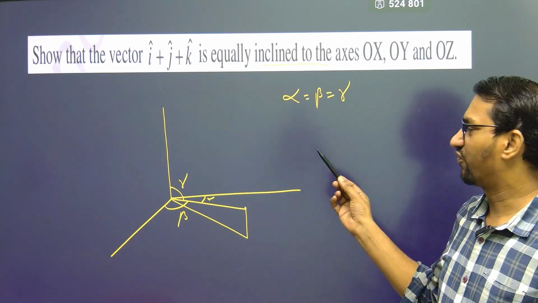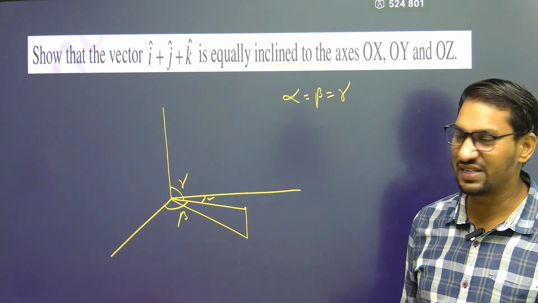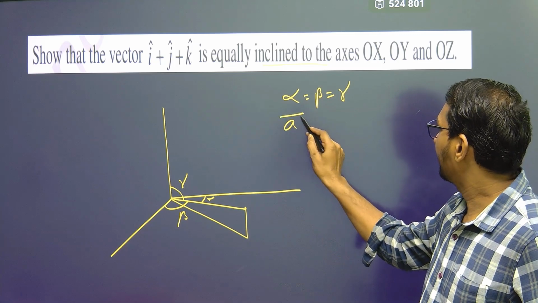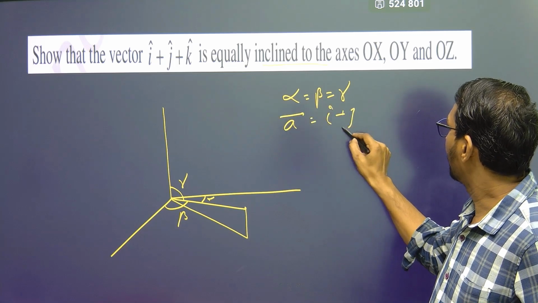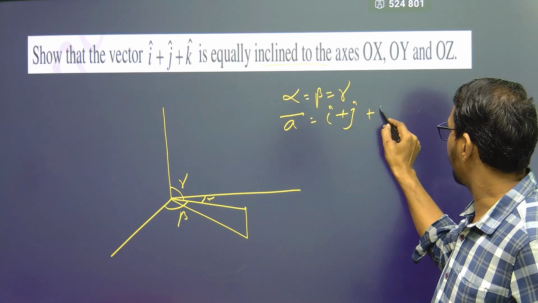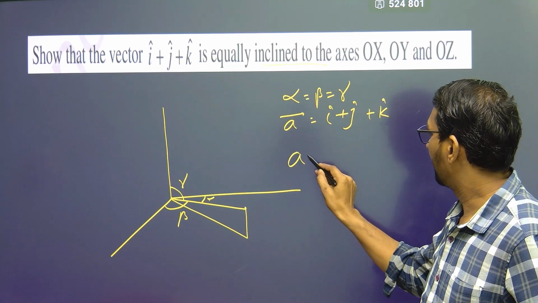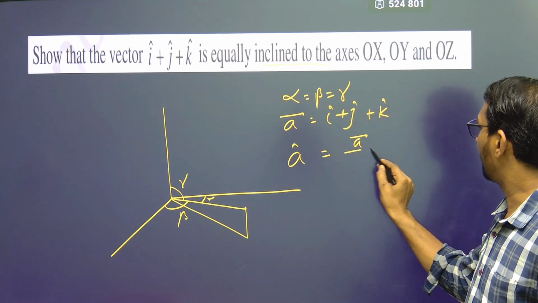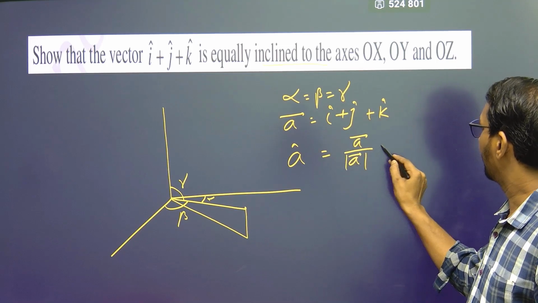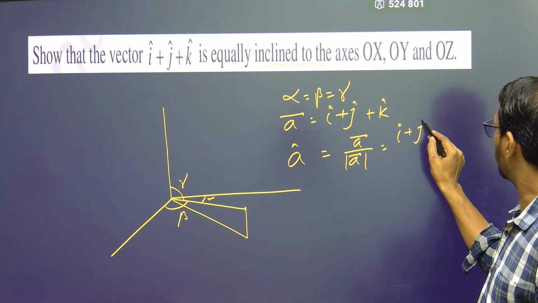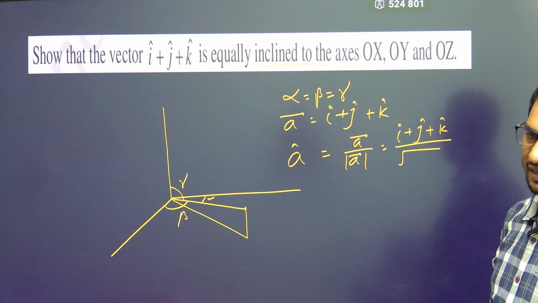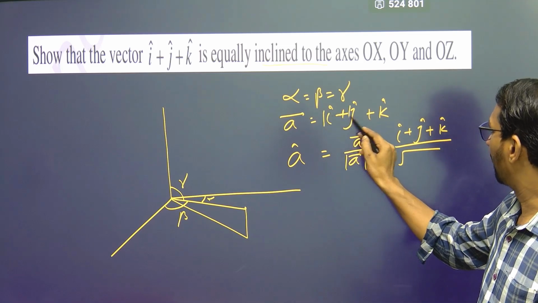So we have to find out basically direction cosines, that means l, m, n. Suppose this is a vector A, i cap plus j cap plus k cap. Find out A cap vector, A divided by modulus of A. Here coefficients are 1, 1, 1.